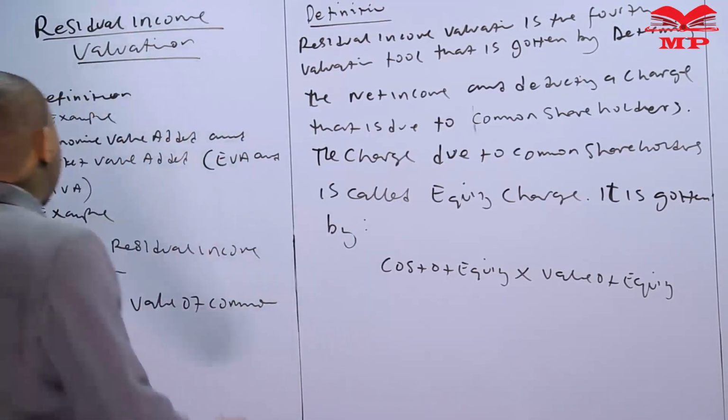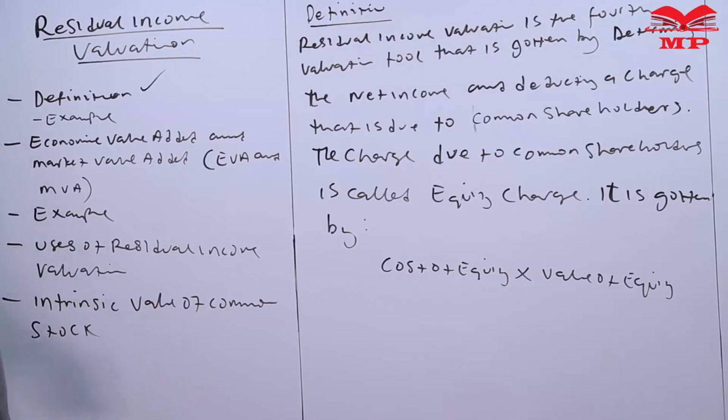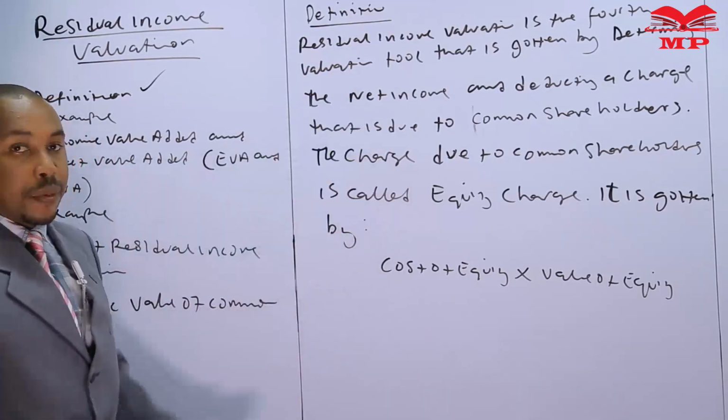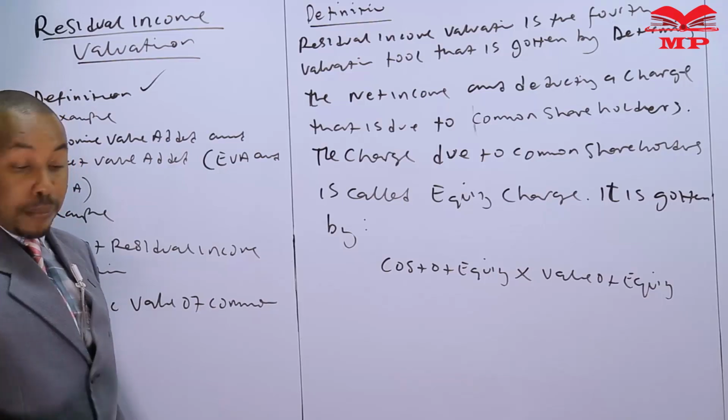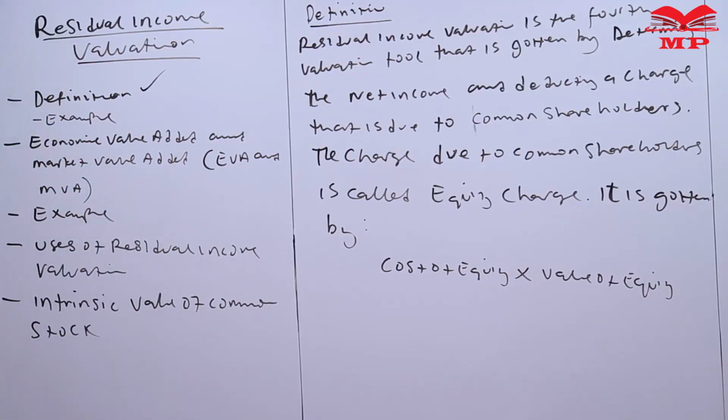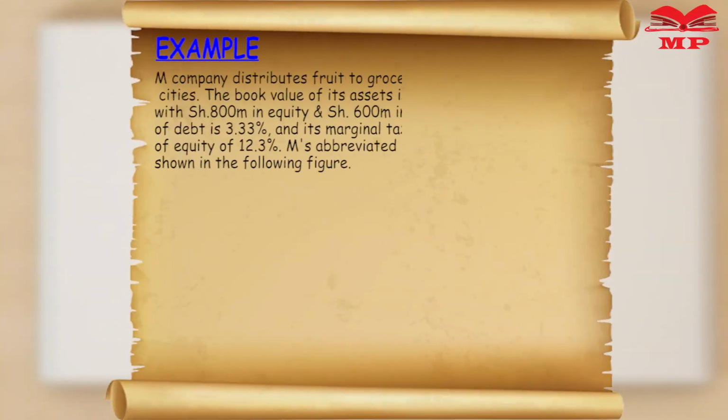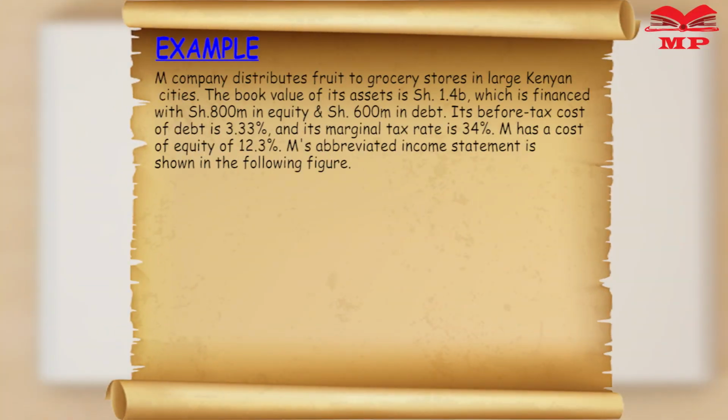Now, having looked at the definition, we need to look at an example that will demonstrate residual income in perspective. So we have an example here. M company distributes fruit to grocery stores in large Kenyan cities.